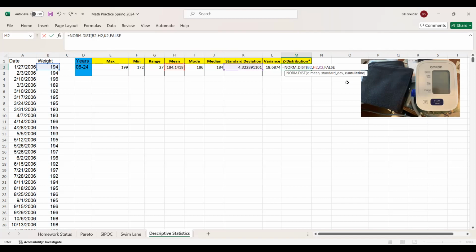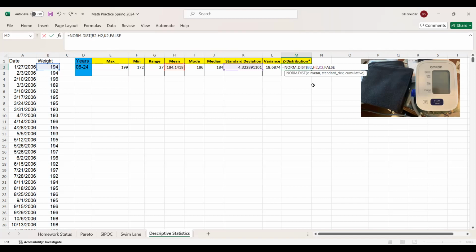Before I hit enter, I have to put asterisks on both sides of the mean and the standard deviation, on both sides of the letter. Because we're going to drag this all the way down to the last piece of data, but I want it to keep coming back to cell H2 and K2. Does everybody get that?